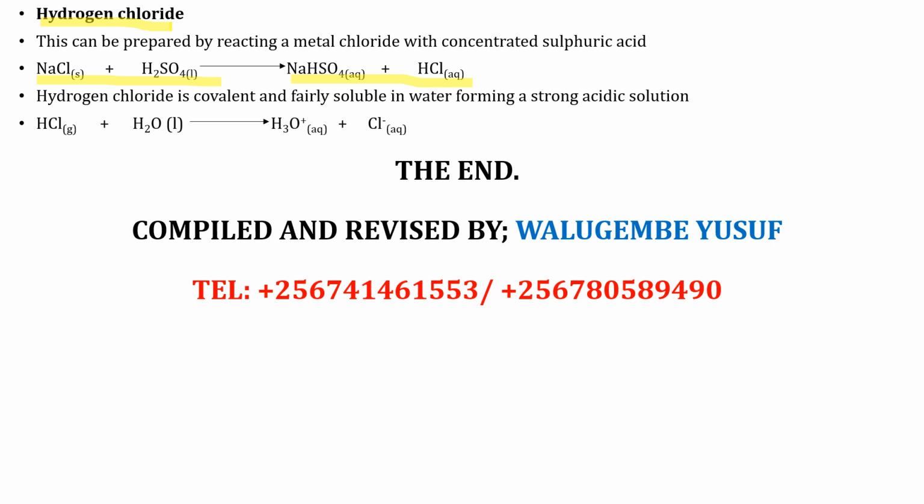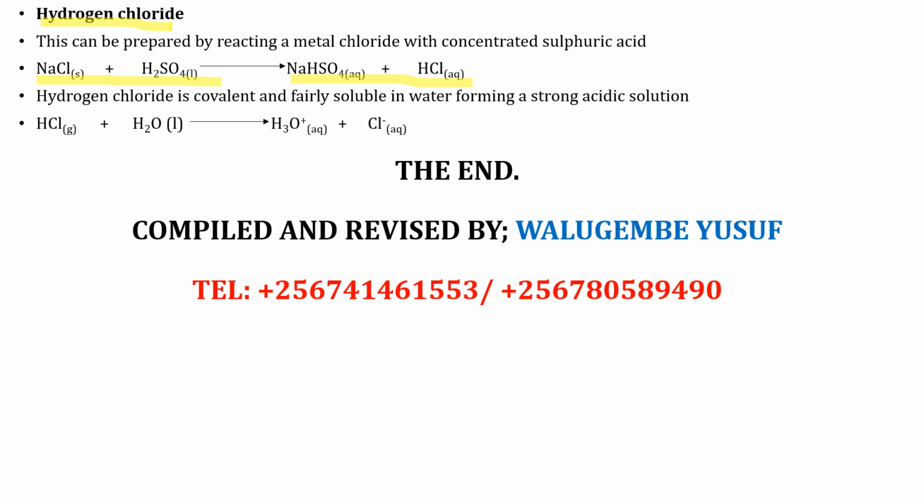That's why we are saying that if you are going to react sodium chloride with hot concentrated sulfuric acid, you are going to have sodium hydrogen sulfate plus hydrogen chloride gas. And then we are saying that hydrogen chloride is covalent and is thus fairly soluble in water to form an acidic solution.